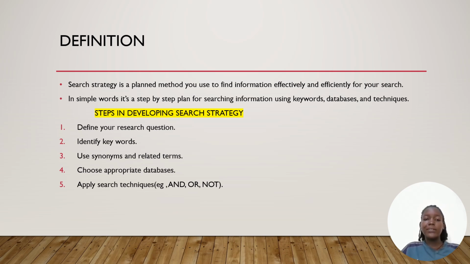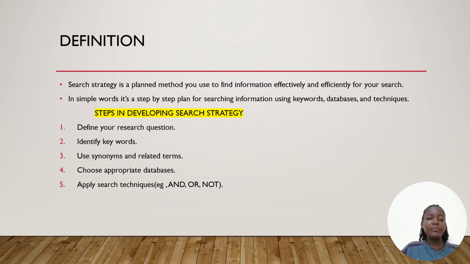So steps in developing such a strategy, we have defining your research question. You have to define your research question. Is it education? Is it about science? Is it about technology? Or maybe, let's say, the medical field? So that's what it means by defining your research question.